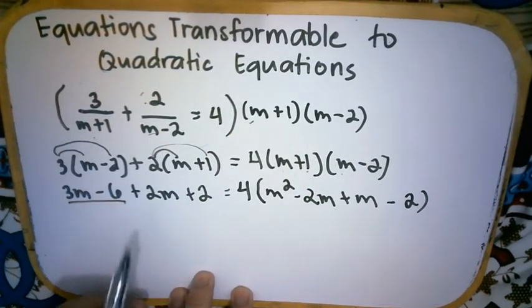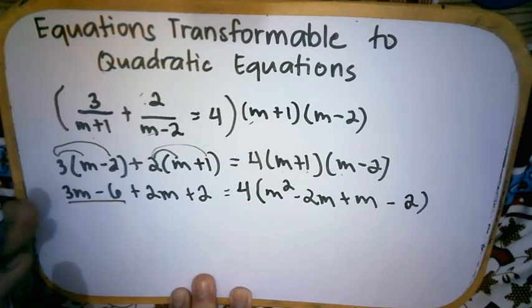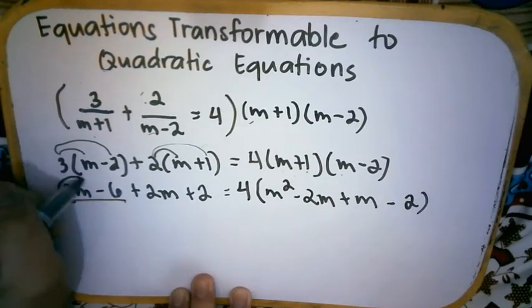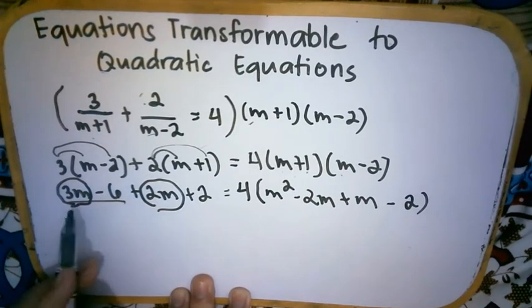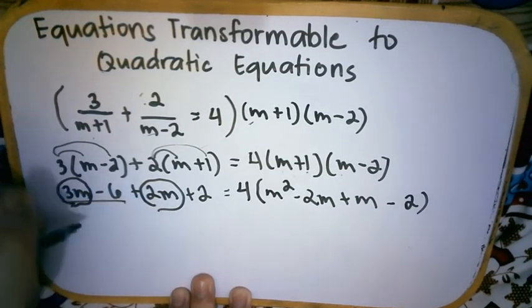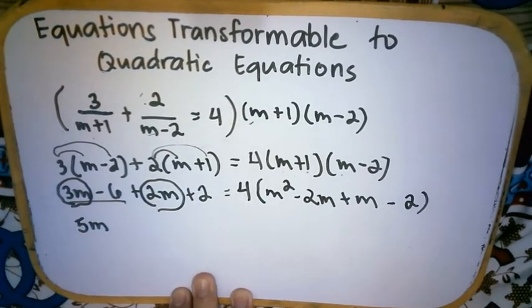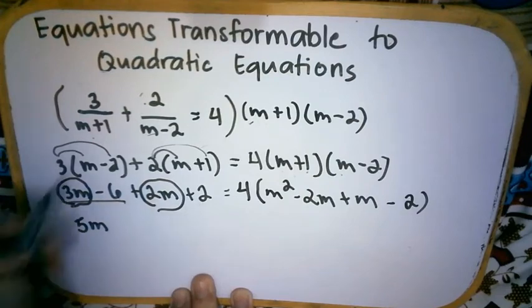Then after that, balik muna ulit tayo dito sa left side. So let's try to combine the like terms. Again, bilugan ang mga like terms. So we have here 3m and then 2m. 3m plus 2m is 5m. Okay, next. We have negative 6 plus 2.